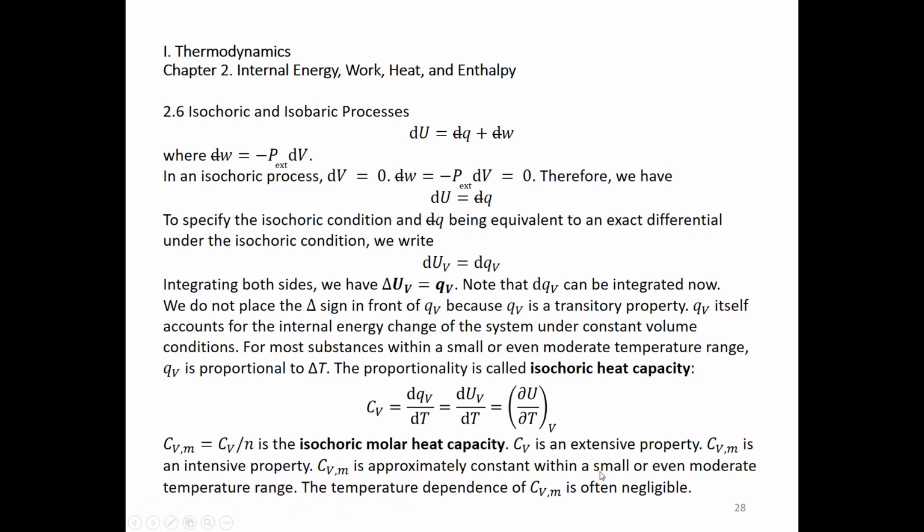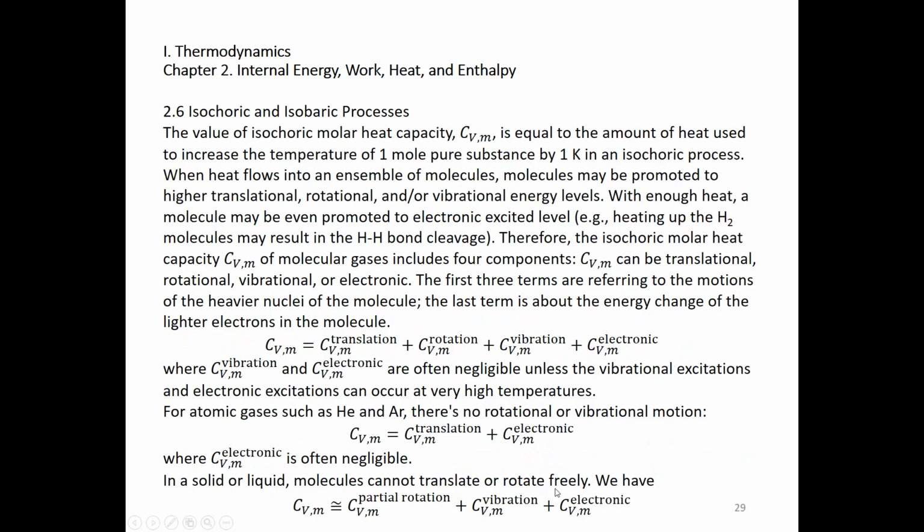Again, from a few kelvins to even tens of kelvins. The temperature dependence of C_V,m is often negligible unless you have a very large temperature change, and then C_V,m may have a significant change. Now we're examining the essence of C_V,m and the values of C_V,m for a few substances.